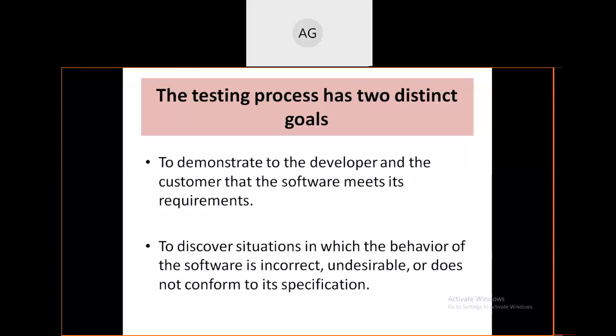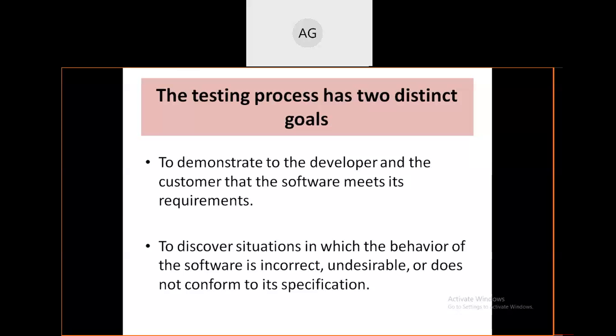Suppose you are using defect testing, you can check whether it is correctly finding the errors or not. Suppose there are any crashes or incorrect performance, these all come under discovering situations where the behavior of the software is incorrect, undesirable, or does not conform to its specification.